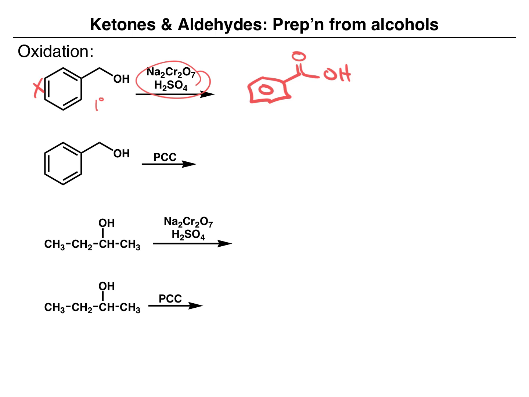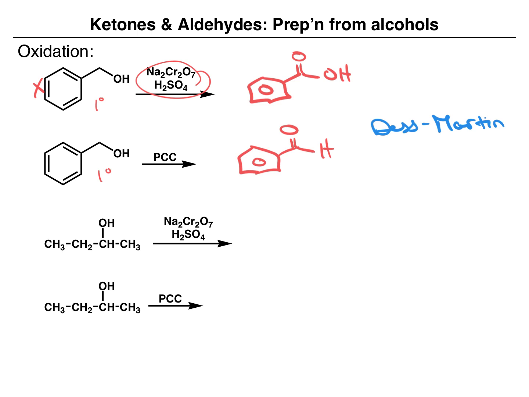However, there are a number of reagents that have been developed that can convert a primary alcohol to an aldehyde without over-oxidizing to the carboxylic acid. So one example is PCC, or pyridinium chlorochromate. We also have the Dess-Martin periodinane.